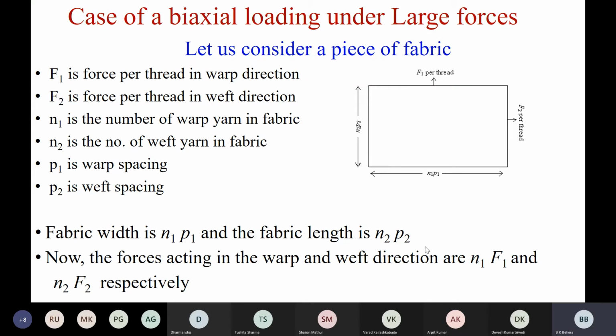In strain we find change in dimension, del L over L, and stress is force per unit width here. I will explain what will be unit of stress in this case subsequently, but this is the load applied. If it is warp direction N1 P1, if it is weft direction N2 P2, that means N1 F1 and N2 F2, and dimension is N1 P1 and N2 P2 in warp and weft direction respectively.